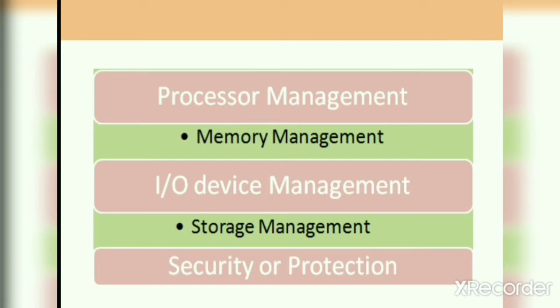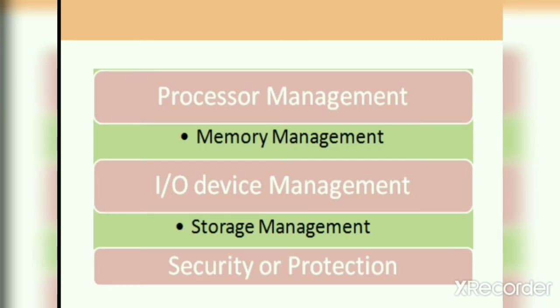If two or more users want to access the CPU at the same time, then to which process the processor is allocated and for how long can be taken care of by the operating system. This is called process management. We'll see it in detail later.